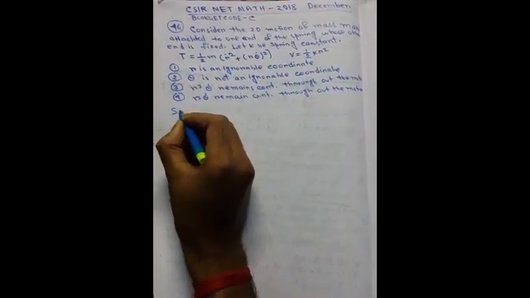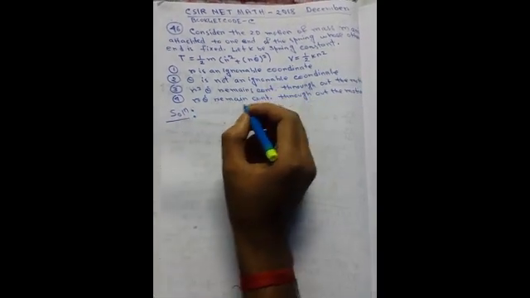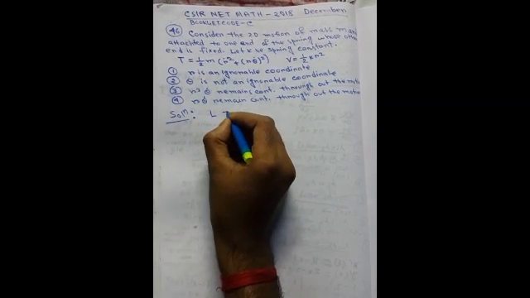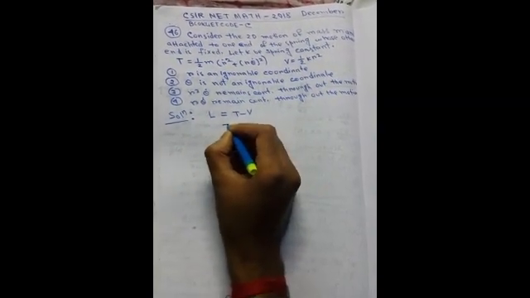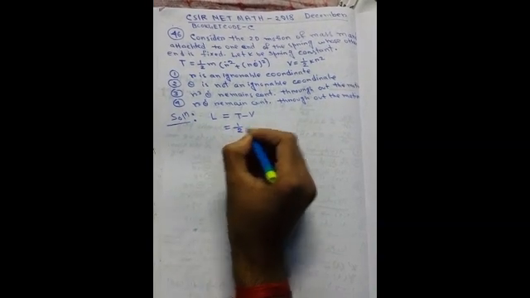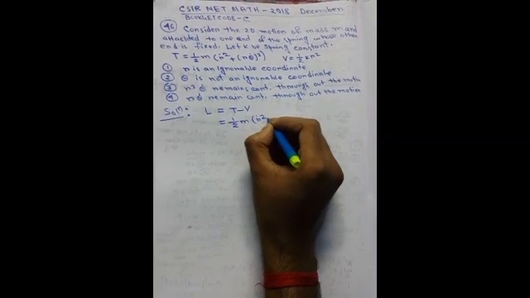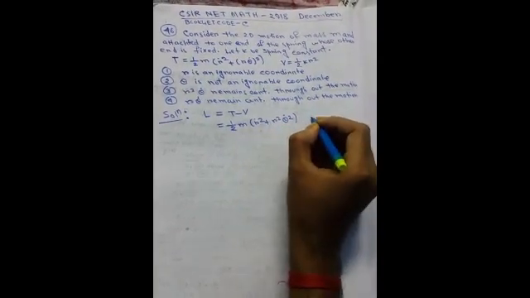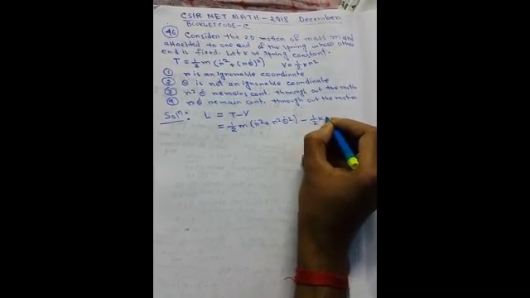So now the solution. This question is from classical mechanics. The Lagrangian L equals T minus V, which equals half M (r dot squared plus r squared theta dot squared) minus half K r squared.